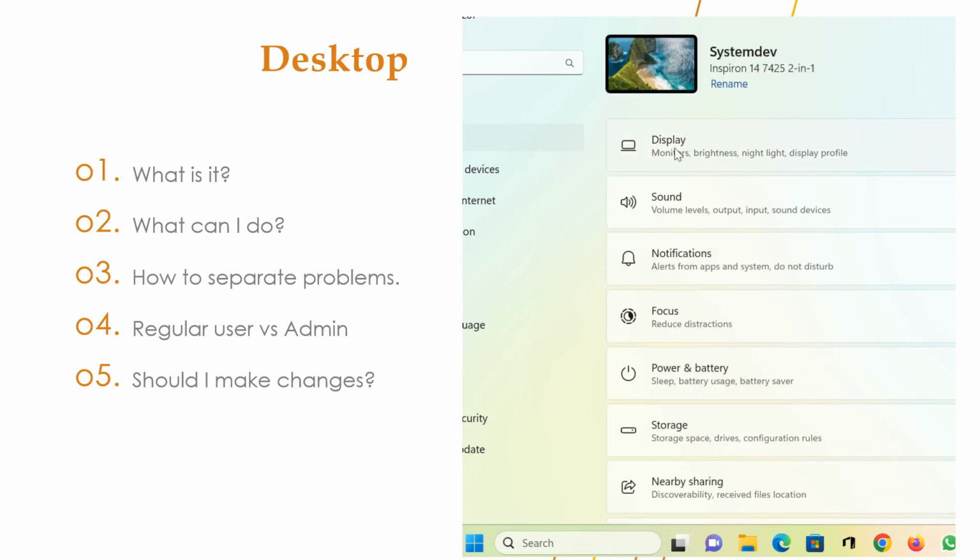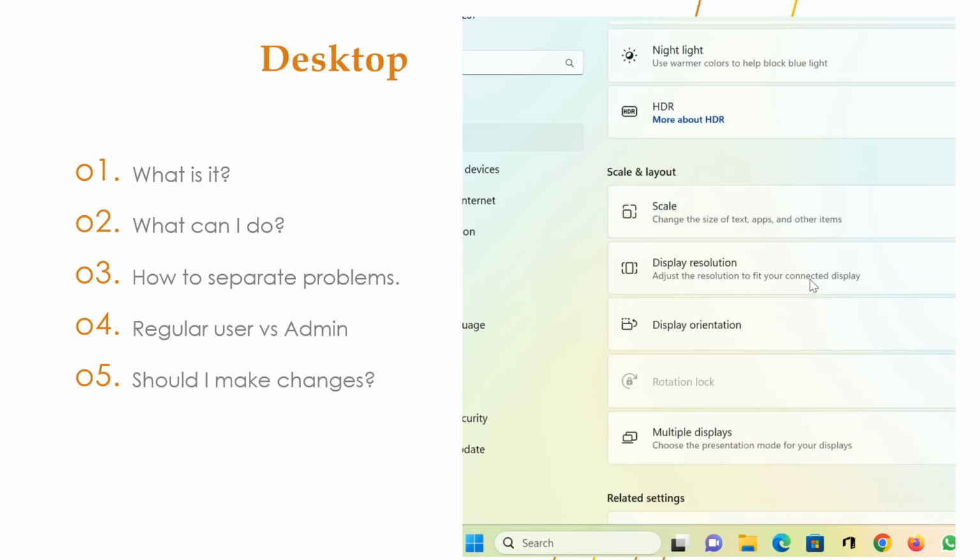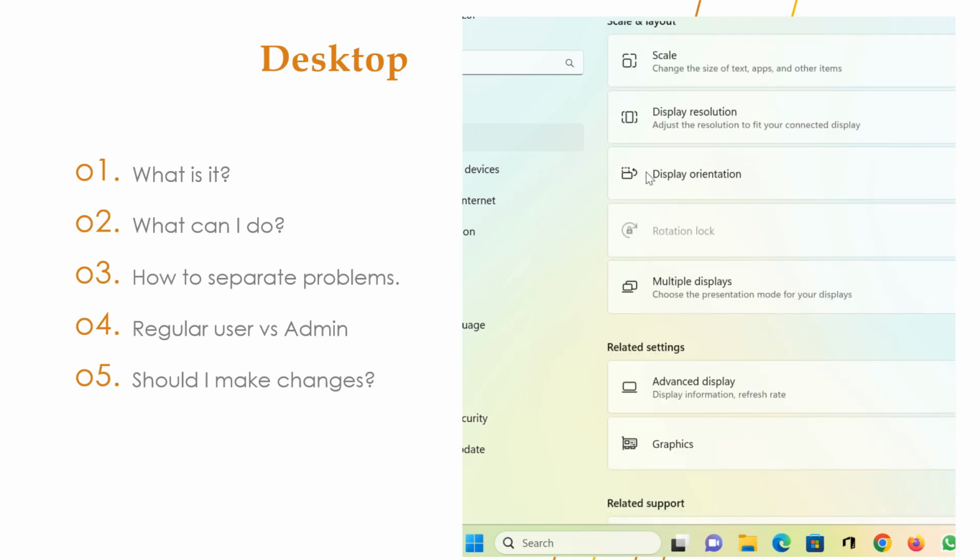The options that you're seeing here are generally at the read-only level. You may be able to make some changes like adjust your display resolution, but besides that, there's not a lot that the general user can do here. At the administrative level, you can make a lot more changes.